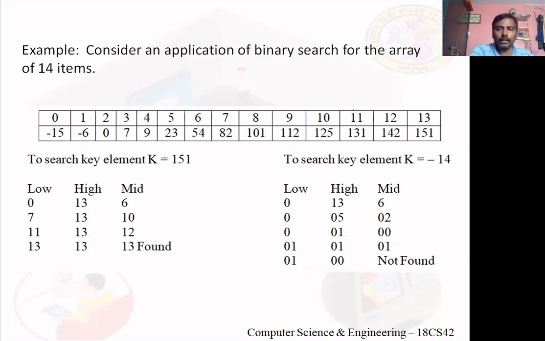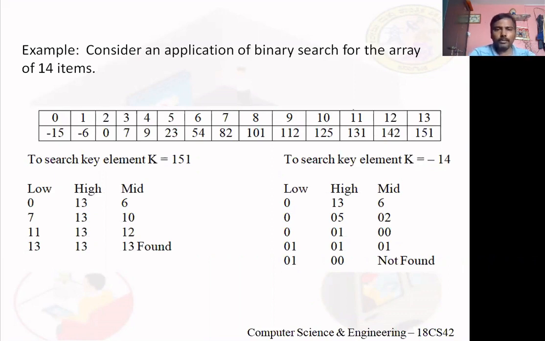In the third iteration, low was 0, high was 1, so mid is 0. The 0th element is minus 15, and the key is minus 14. Minus 15 is less than minus 14, so minus 14, if it appears, appears after minus 15. Got it? It should appear at index 1.